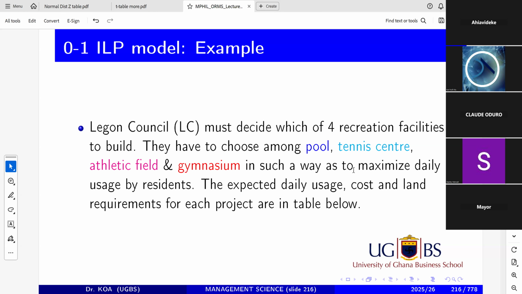Now, if you were to write the objective function, who can indicate how to write it?